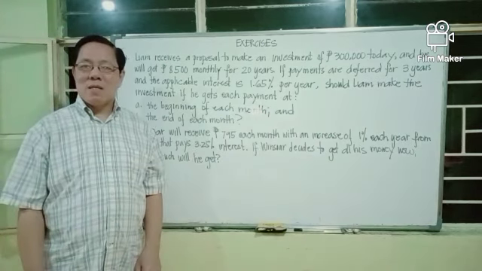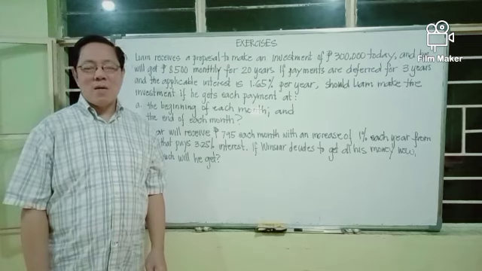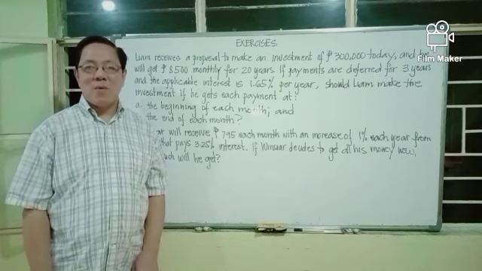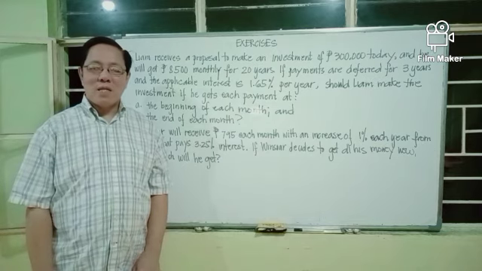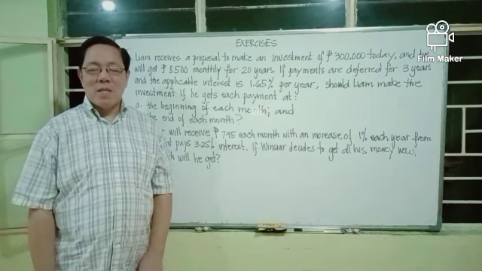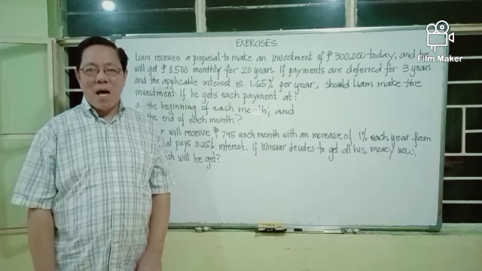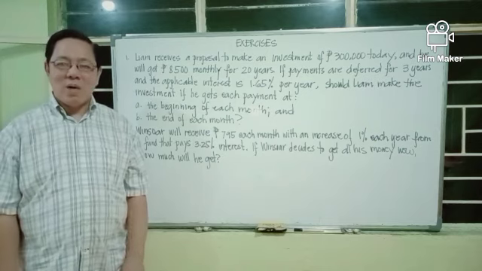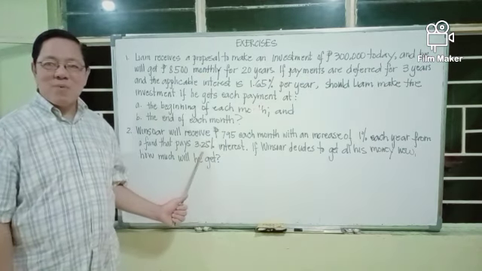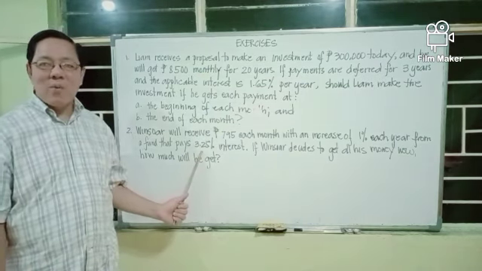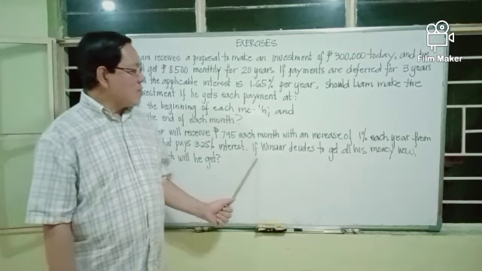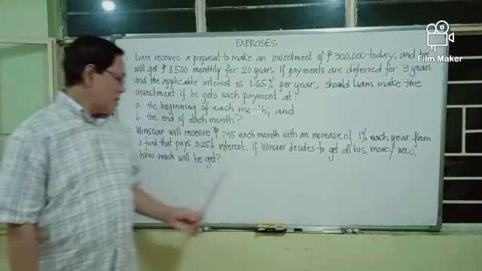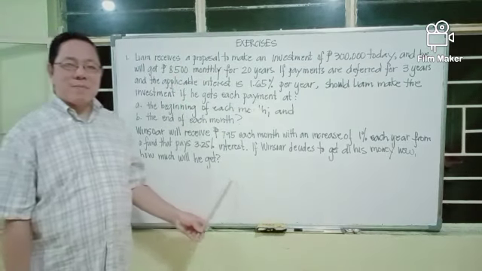As we have taken in the past lesson, if the interest rate does not specify whether it is an interest per year or interest compounded annually, semi-annually, quarterly, or monthly, we take it as an annual interest. So we take 3.25% interest as an annual interest rate. If Windsor decides to get all his money now, how much will he get?